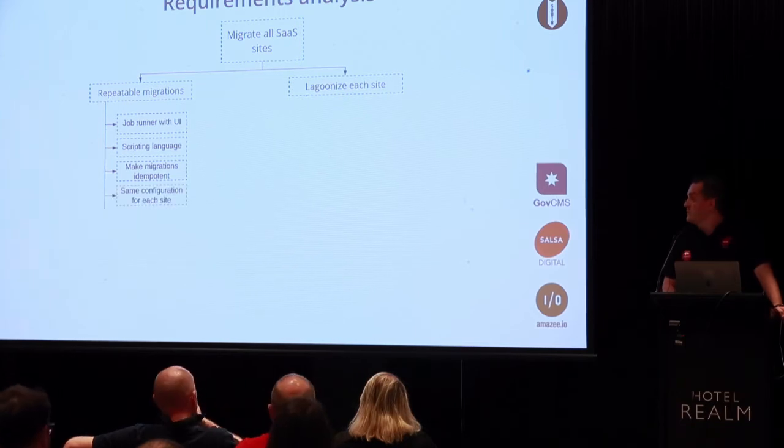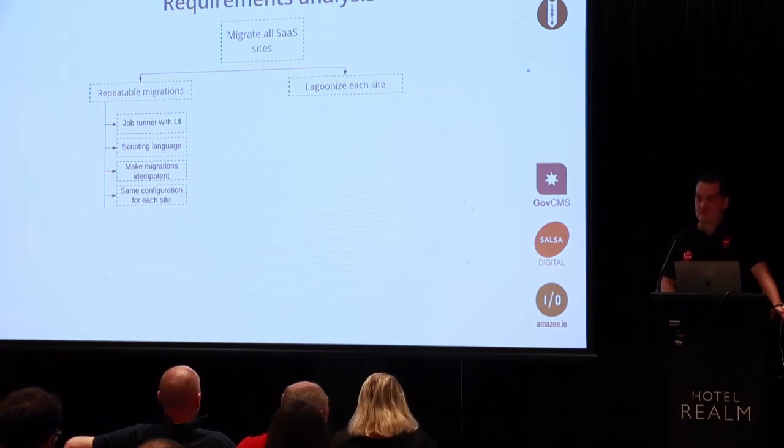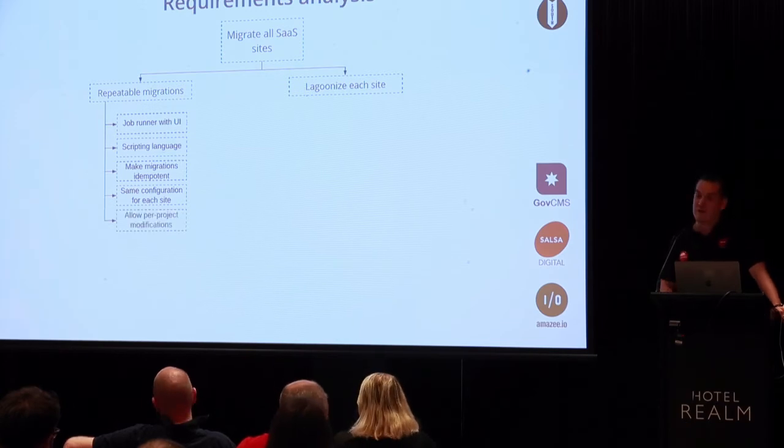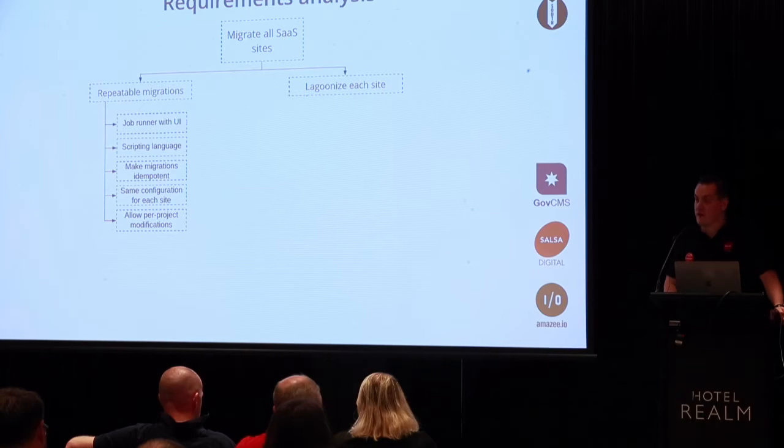Because there were so many sites, we needed to use a generic configuration for all of them, but at the same time, if we did require some per-site configuration adjustment, we had a mechanism to do that. So quite a lot of requirements, I would say.